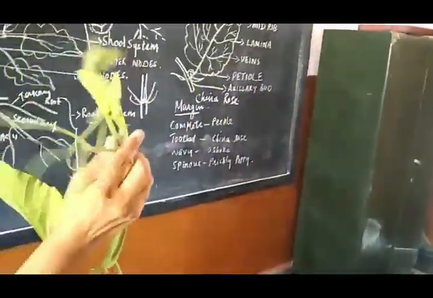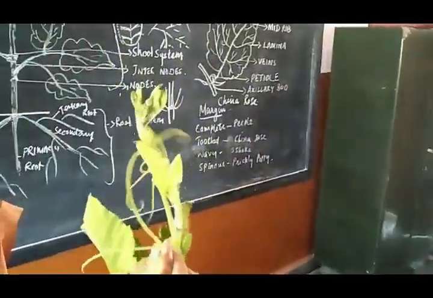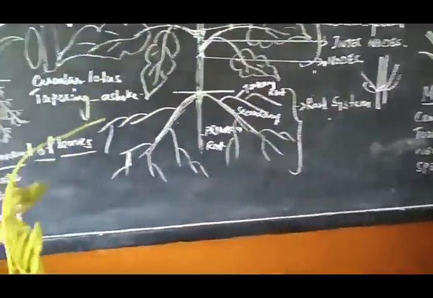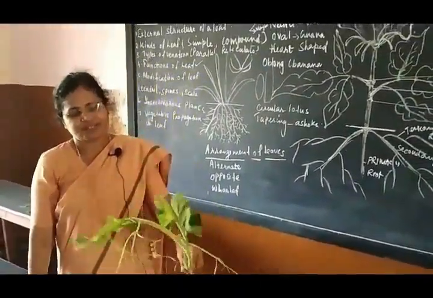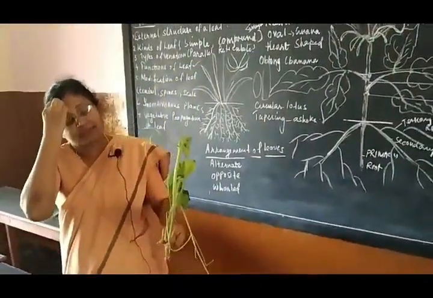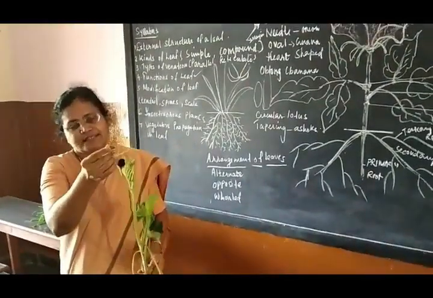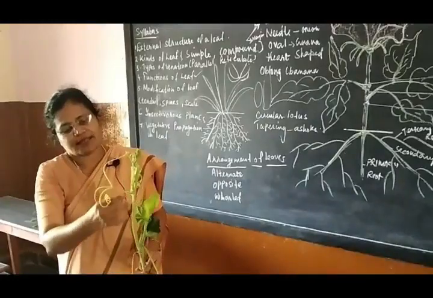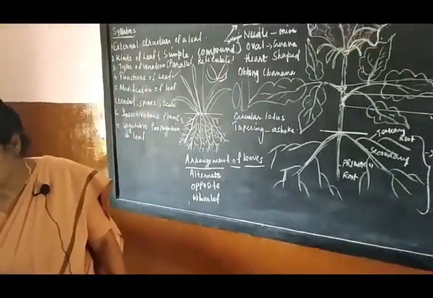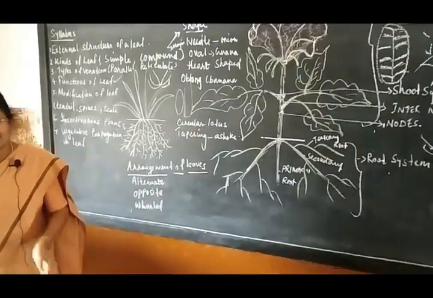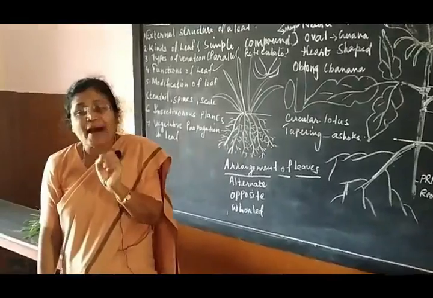So, the leaf here is getting modified into tendrils because it is a supportive system, because it cannot stand on its own. As its stem is weak, it cannot stand. So, it gets attached with the help of whatever supporting structure is present. Then if you have seen a cactus, I missed bringing a cactus, the leaf is modified into a spine like structure.